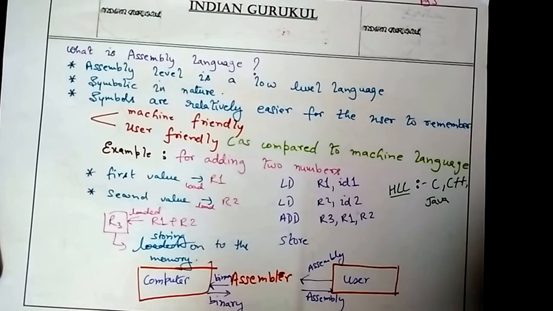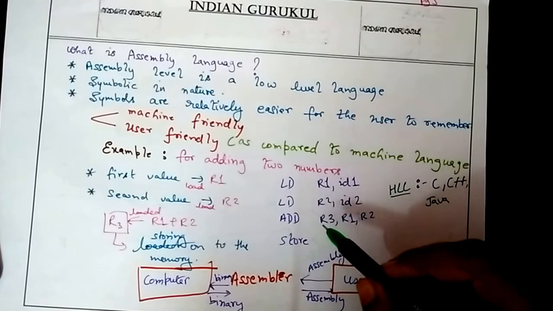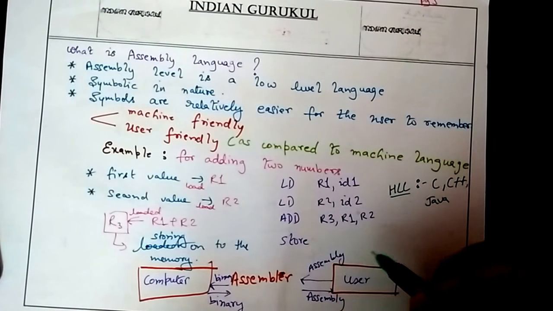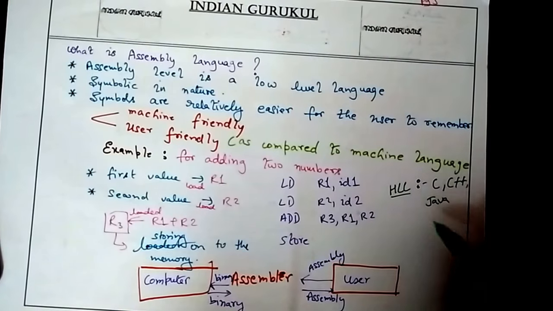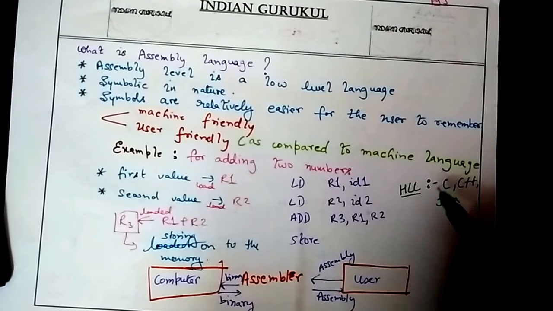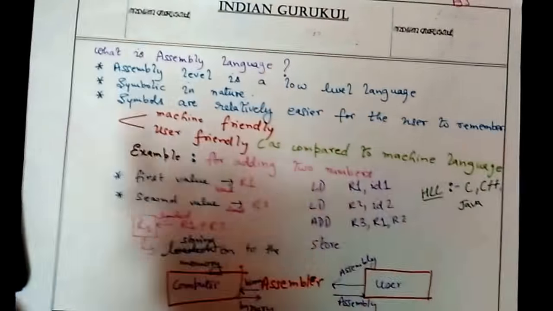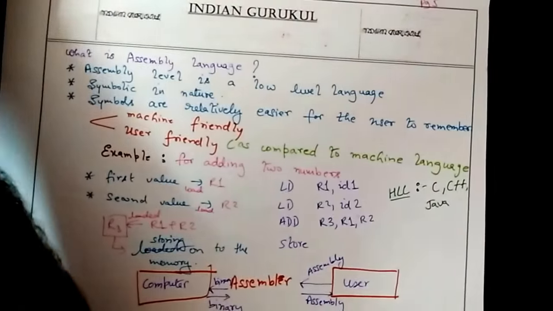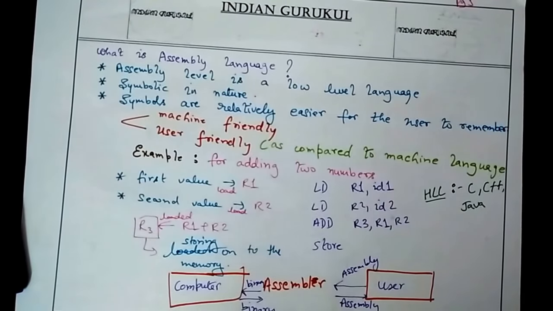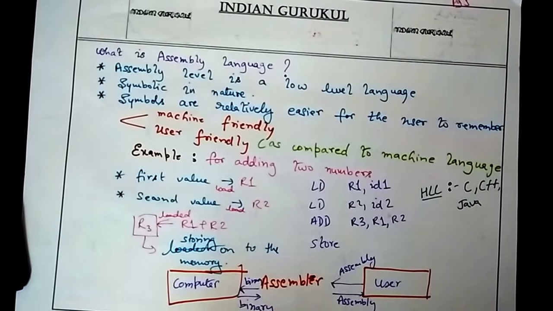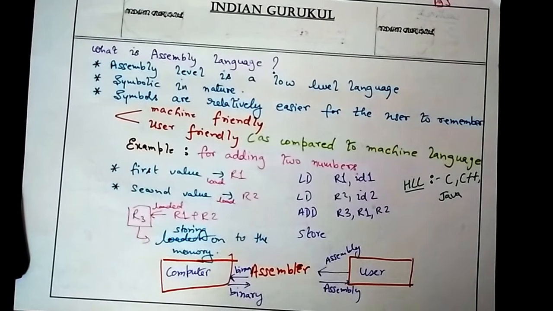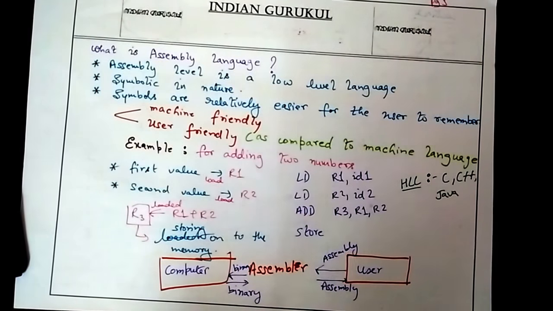You just need to provide comparatively very few instructions to the computer in languages like this. Some books define C as an intermediate language, but most books define C as a high level language. So I believe we would be considering C as a high level language.